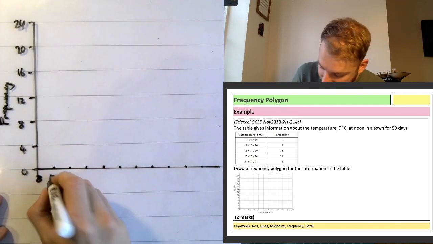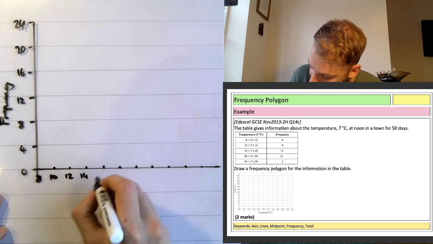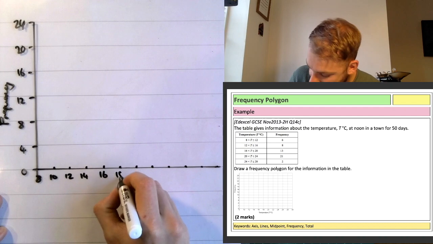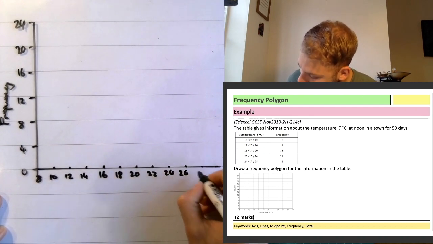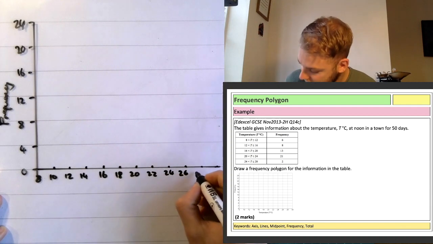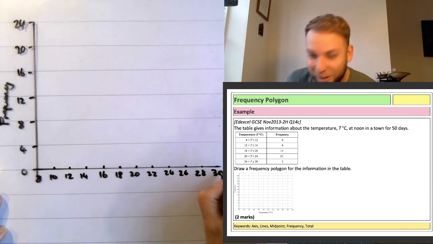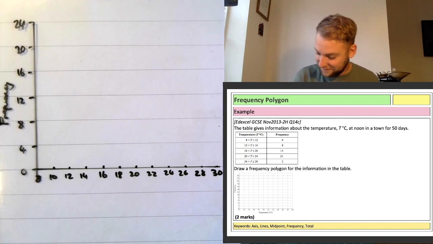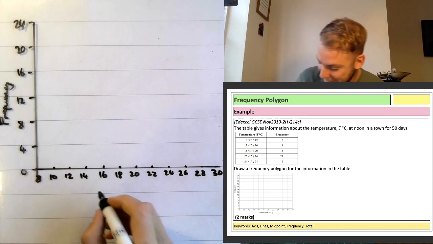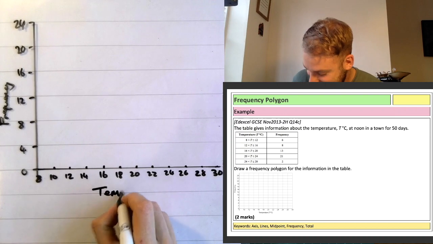So 8, 10, 12, 14, 16, 18, 20, 22, 24, 26, 28 and 30, okay? So we've got our temperature at the bottom there.